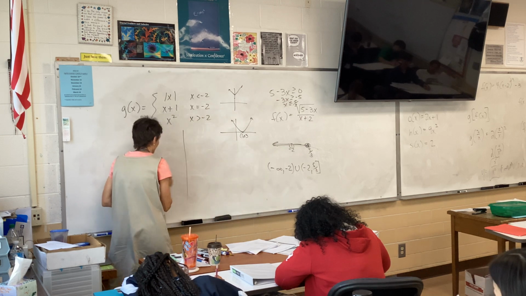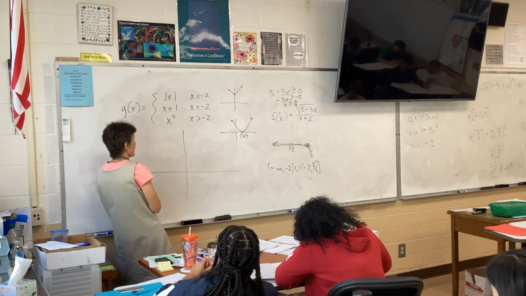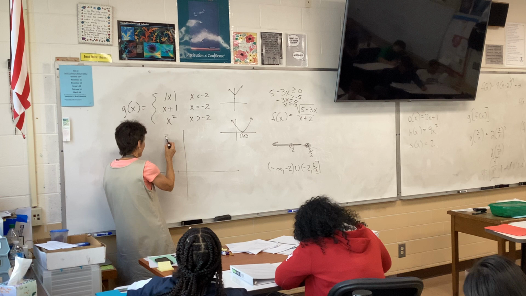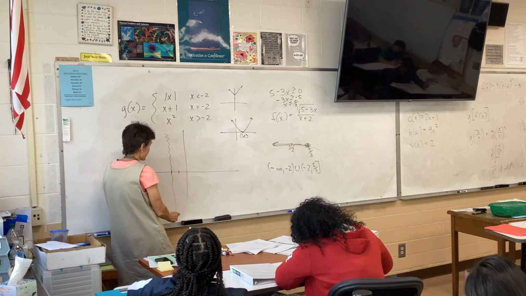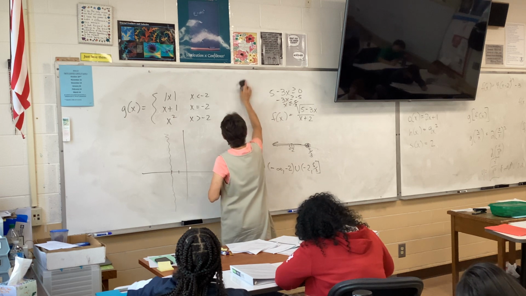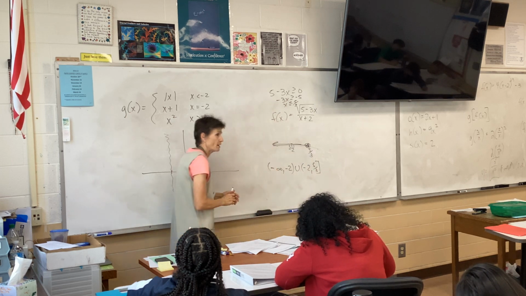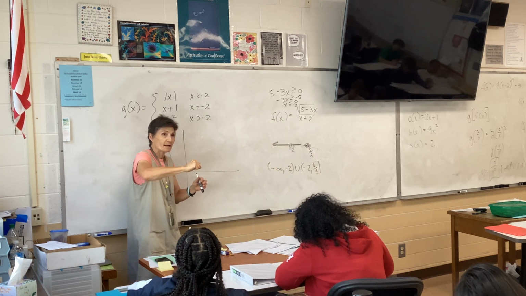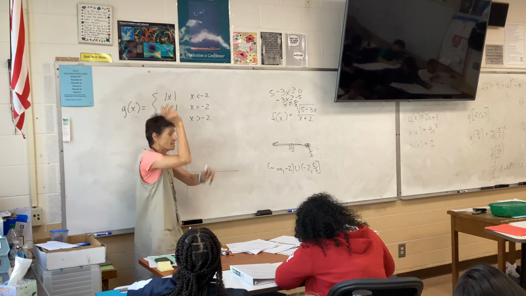I don't know what your strategy is. I'm going to put my squiggly line at -2. That isn't part of my graph, but it's going to help me get my dots in the right spot. Because when I do a piecewise function, I've got a dot, a piece, and a dot, and a piece, and things going all over.